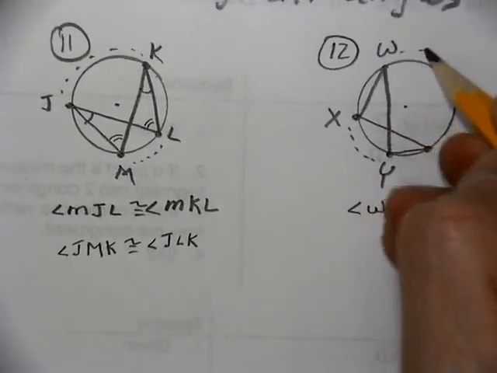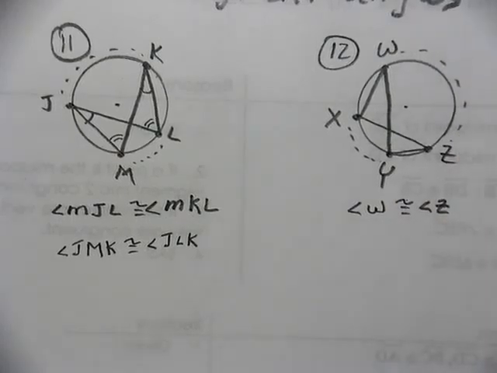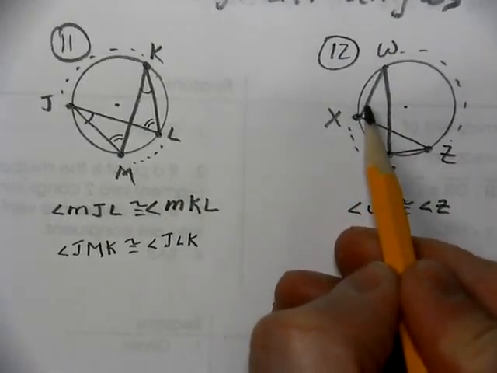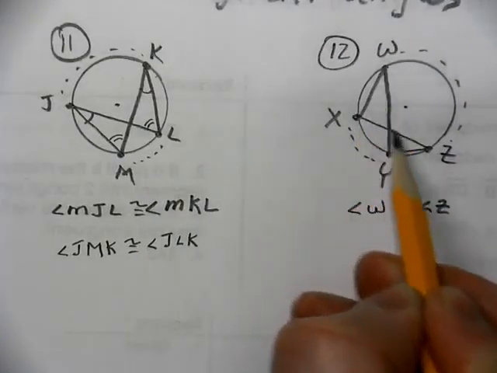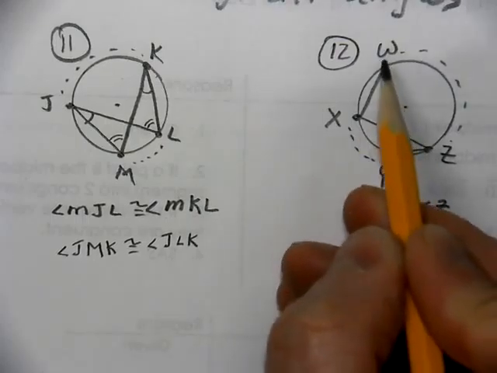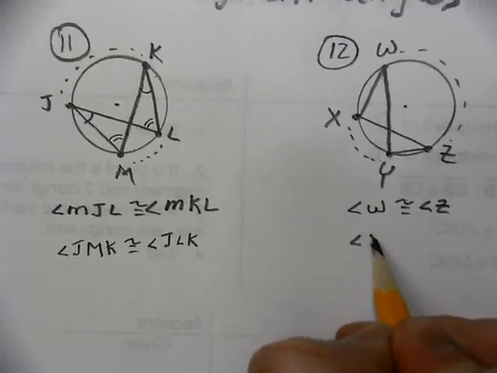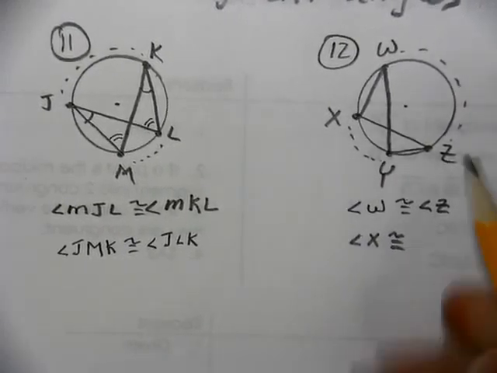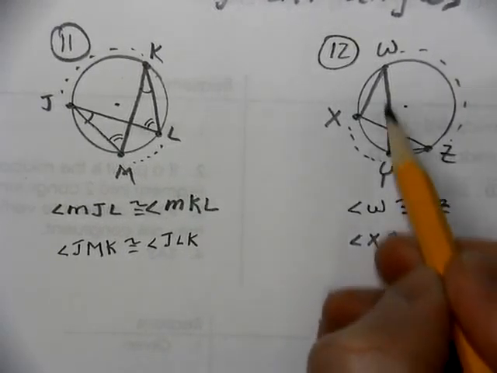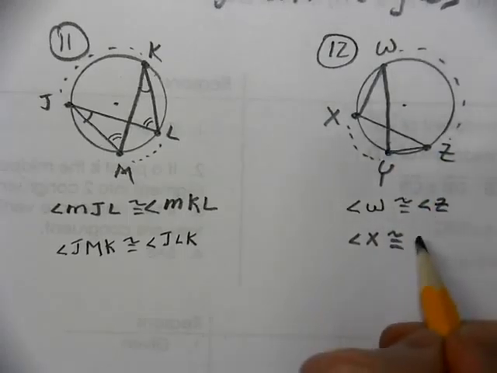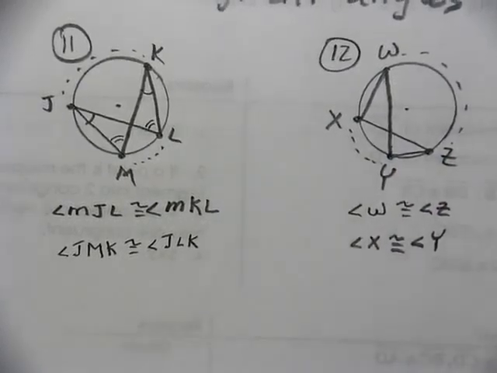And then we have this larger arc. So angle X is opening up to touch the endpoints called W and Z. So angle X is going to be congruent, and notice that Y does the same thing. So they have to be congruent to each other.